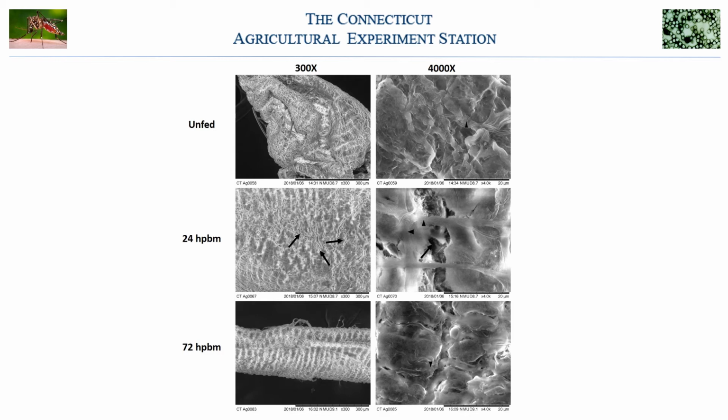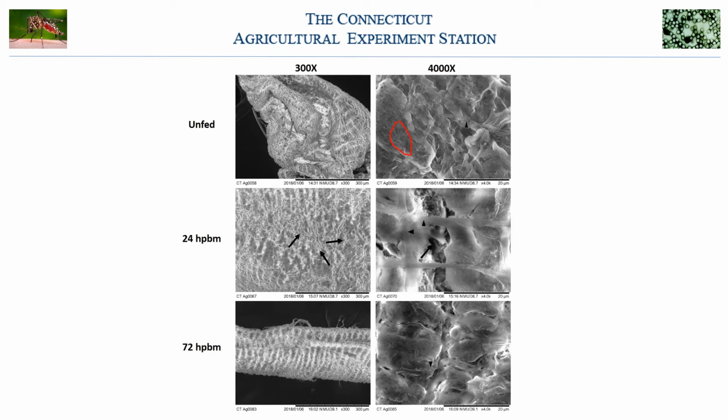I would really like to draw your attention to the 4000x column here. As you can see, in the unfed mosquitoes the basal lamina has a ruffled, relaxed look, and there are no breaks; it's a continuous layer.